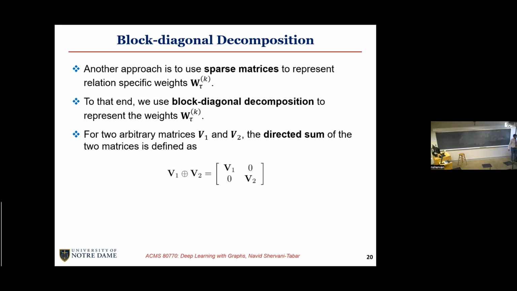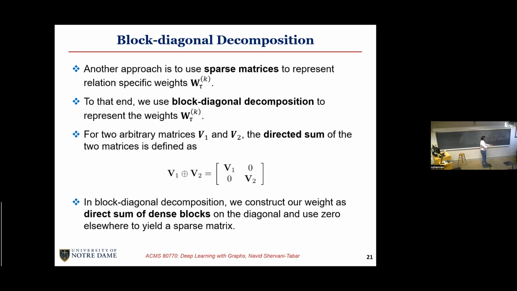So I have V1 direct summed with V2. I have a matrix which has V1 and V2 on its diagonal and 0 everywhere else. That way, I will have a sparse output matrix, right? So I can use this concept and define my W_r using just a number, again, let's say B, of dense matrices, which are of smaller dimensions.